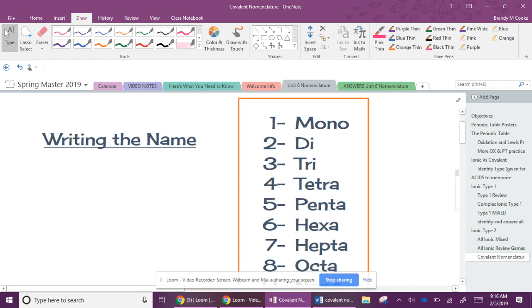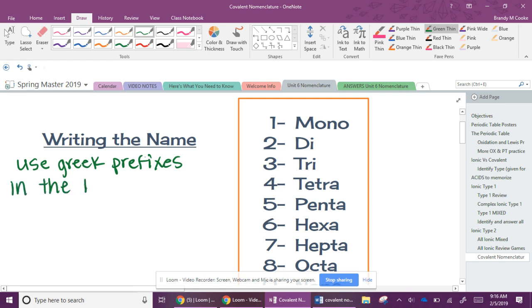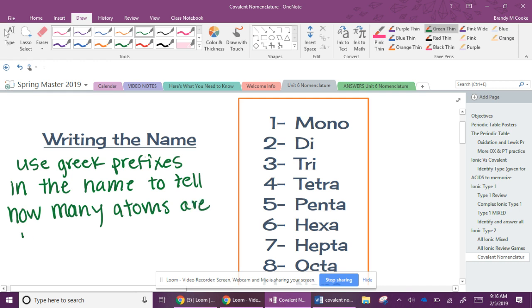So writing the name, and I'll talk about this box over here to the right in just a second, but when writing the name, basically all we do is use Greek prefixes in the name to tell how many atoms of each element are in the formula.